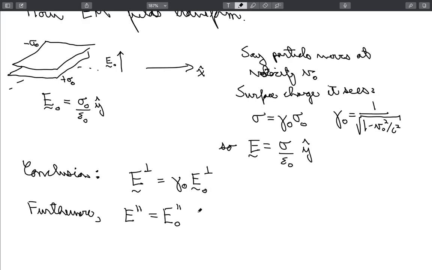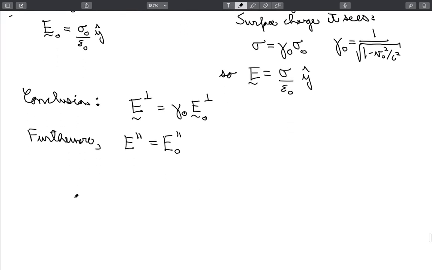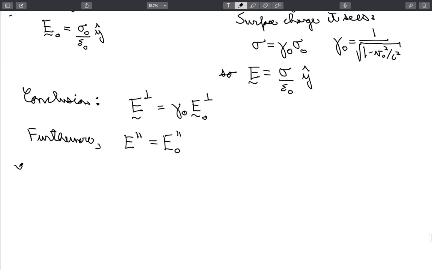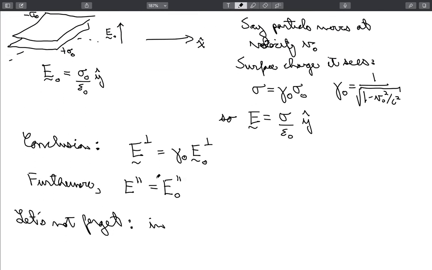Now, there's of course one issue. Okay, so let's not forget that in the moving frame of the particle, okay.